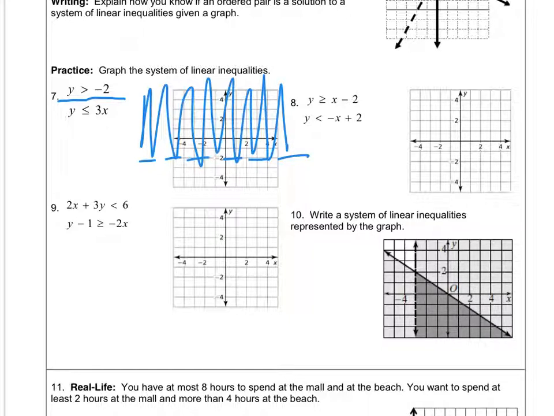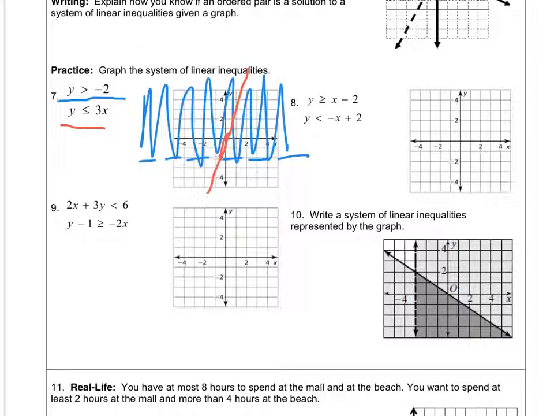Now my second equation is y is less than or equal to 3x. And it's going to be a solid line. So it's going to go about like this, a solid line. Now to decide, I'm going to shade below, or less than. It's a very steep line, so that's hard to see.